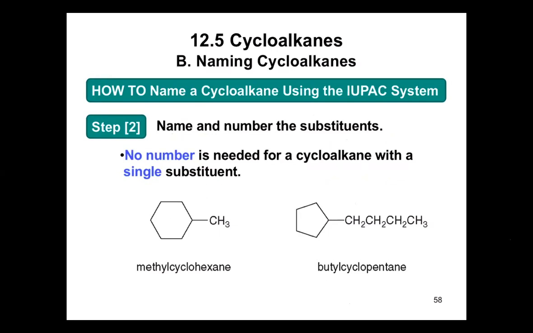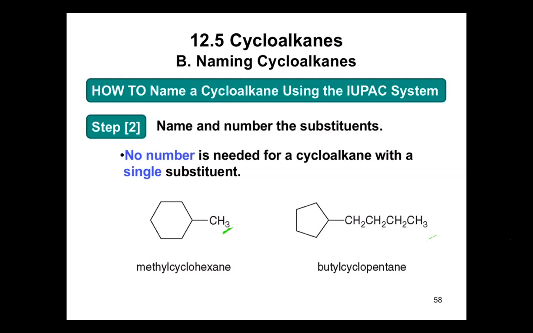Always remember na pag isa lang yung substituent ng cycloalkane, there is no need to assign the number dun sa mga carbon atoms. So in this example, you have here one substituent na methyl, so you don't need to put number 1 dun sa kung nasa nakakabit yung substituent.